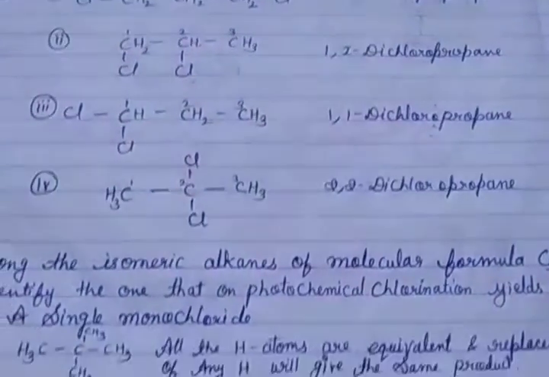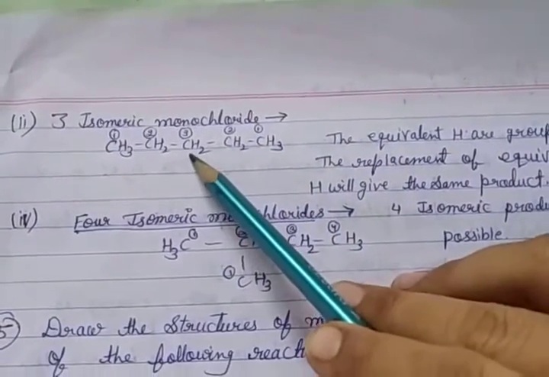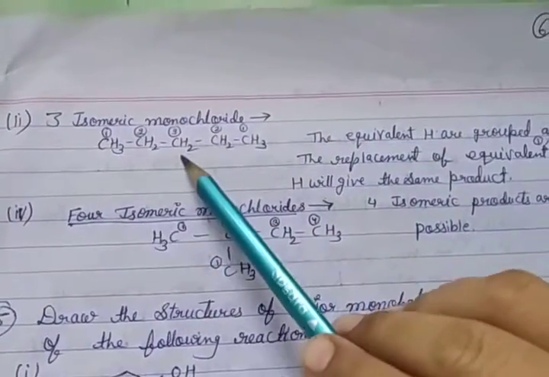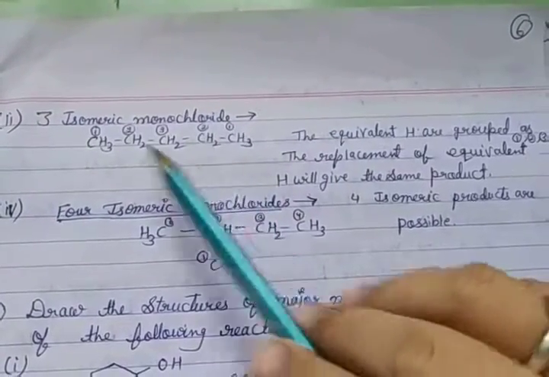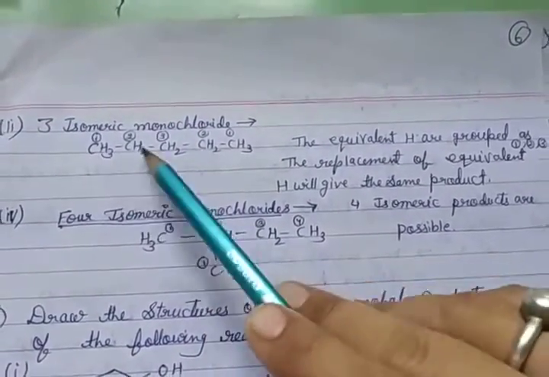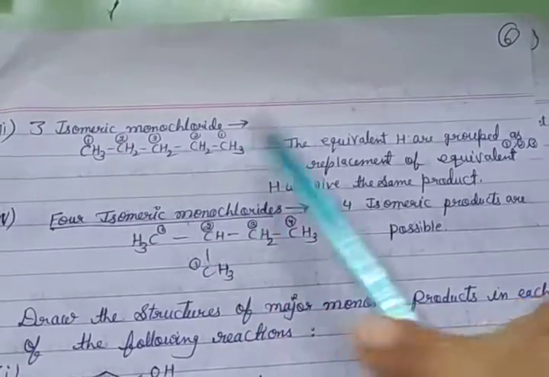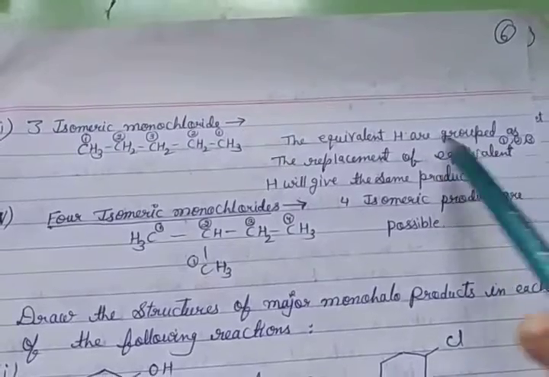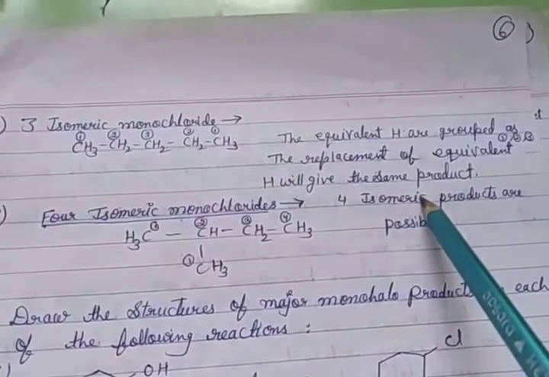Then second one, 3 isomeric monochlorides. That means there are 3 positions where we can attach a halogen and a different name is obtained. So it is pentane: attach Cl at the first, second and third number, so 3 different types of monochloride are obtained. Equivalent hydrogens are grouped, as replacement of equivalent hydrogens gives the same product.